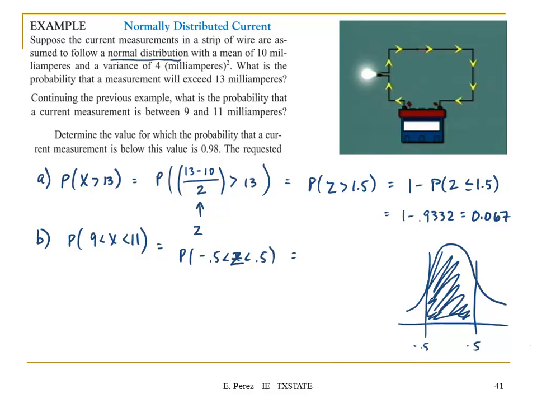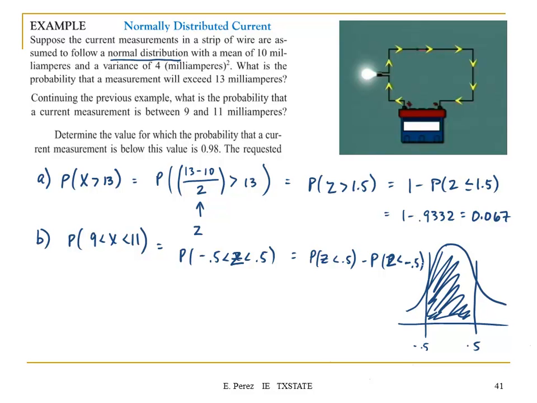So what you do is, the probability of z being less than 0.5 minus the probability of z being less than negative 0.5. Find the values for z again, 0.5 and negative 0.5.